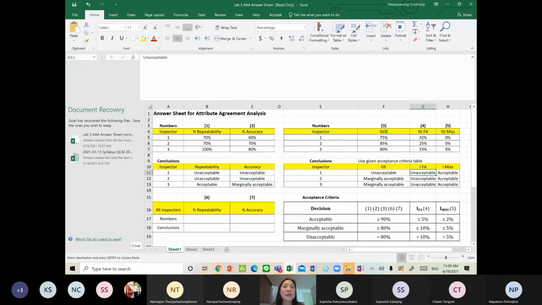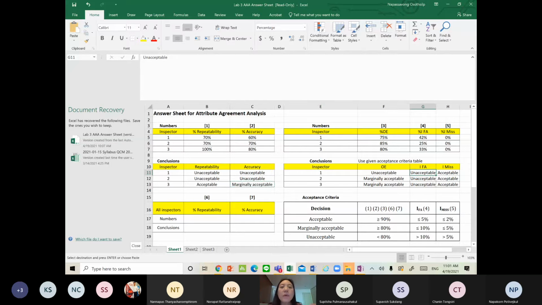And then train the operators that this characteristic of defects is acceptable or not. Or we have to write down clear definitions of defects. We can use pictures or any kind of media or materials that help the inspector be clear about the standards.